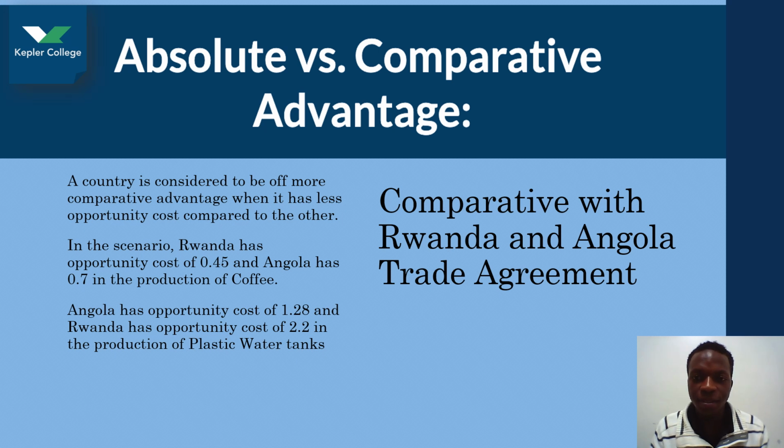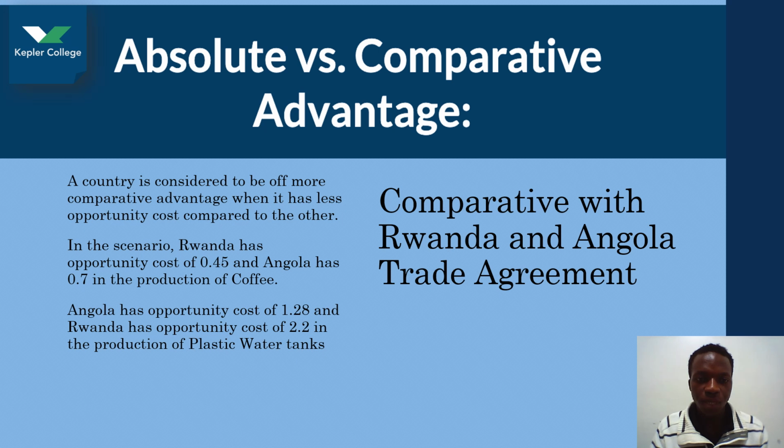Firstly, comparative advantage refers to assessing the opportunity costs that different countries will forgo. Based on the calculations, I found that Rwanda will be foregoing 0.45 water tanks, and Angola will be foregoing 0.7. So Rwanda is losing less compared to Angola. That's why Rwanda will consider going for coffee.